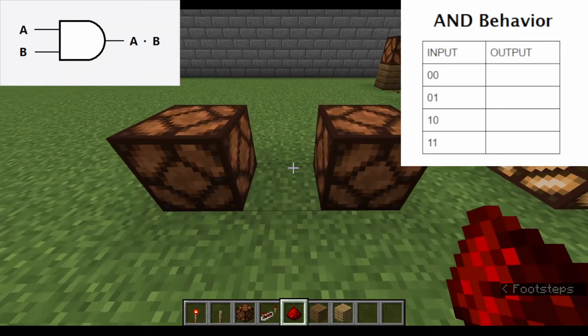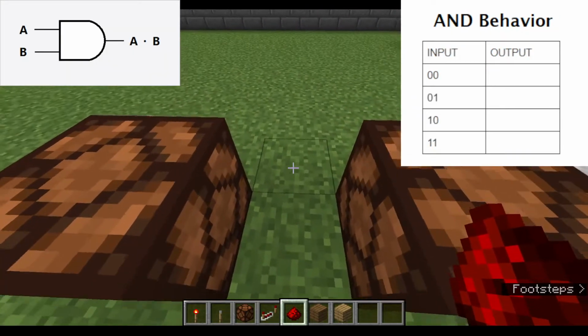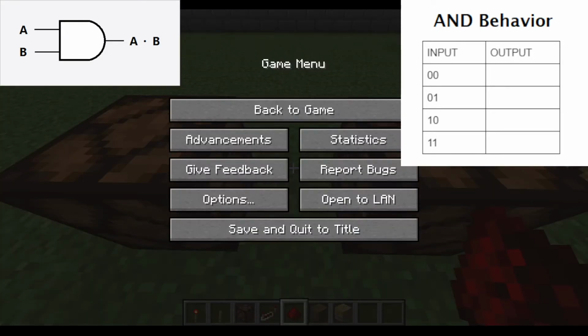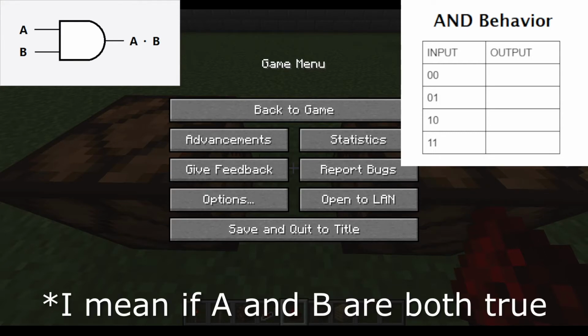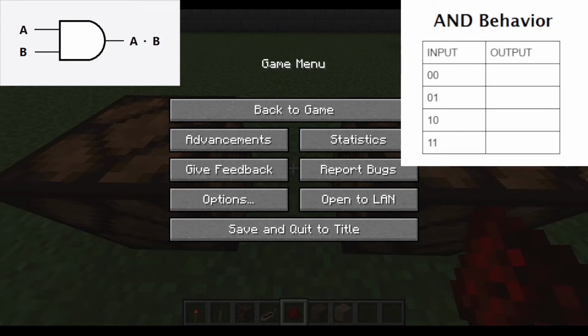The next gate we're going to talk about is the AND gate. For here, what we're looking for in behavior is we only want our output to be true if 1 and 2 are both true. So if we look at the only situation where we have 1 and 1 is in this last case. So this is our only output which will be true.